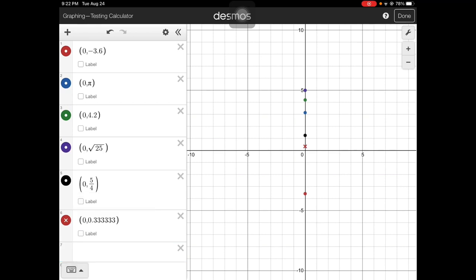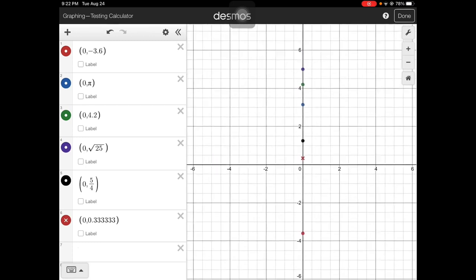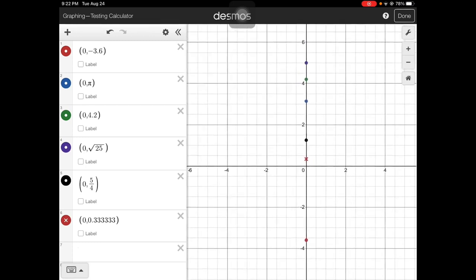Now, one of the great things about doing it on Desmos this way, if you do the 0 first when you're plotting the points, is your highest, largest, greatest number is always going to be up here on top, which is 5. The smallest, the least number, is always going to be at the very bottom. Again, I can zoom in and see this a little bit better, and I can tell what is what.